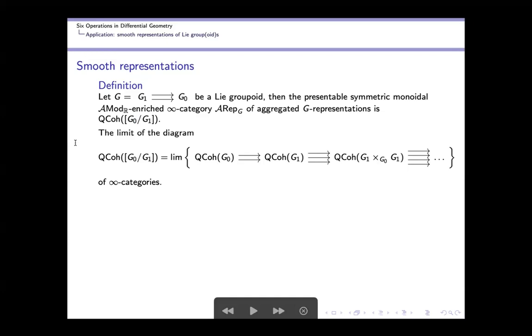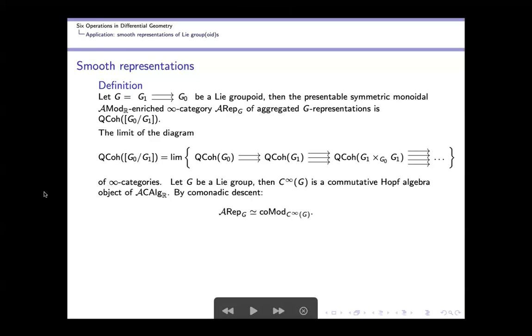So you can work out what this is. By definition, QCO of this quotient stack is the limit of this diagram of categories. If instead of a groupoid you pick a group, this is somewhat simpler to understand. If you have a group, then the ring of smooth functions is a commutative Hopf algebra, as an object in this category of commutative algebra objects in condensed vector spaces.